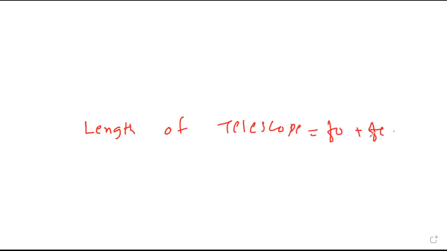Now can you tell me what is the length of this telescope? FO plus FE. Correct. So length of telescope is magnitude of FO plus magnitude of FE.